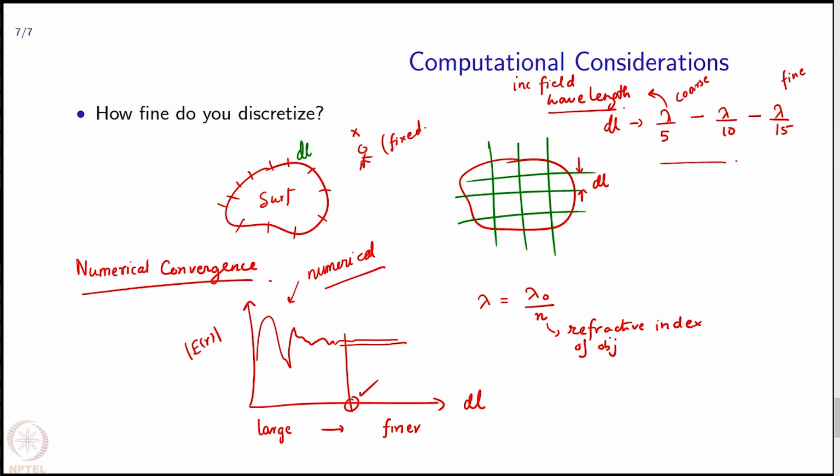The same object may need a finer discretization if it had a higher refractive index. So that is something to keep in mind.